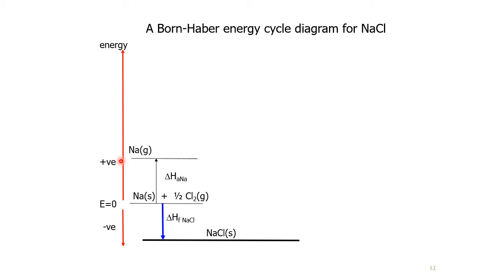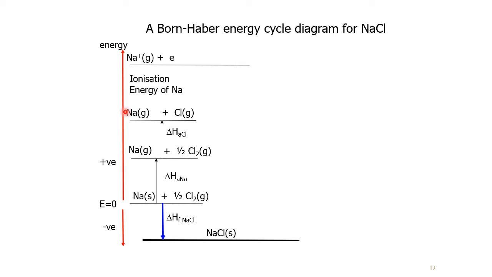When you are doing the atomization, the enthalpy of atomization for sodium, the half chlorine gas remains the same. Over here is the formation of sodium chloride. Then up again. This one I think is atomization of chlorine atom. Over here the sodium gas remains the same.